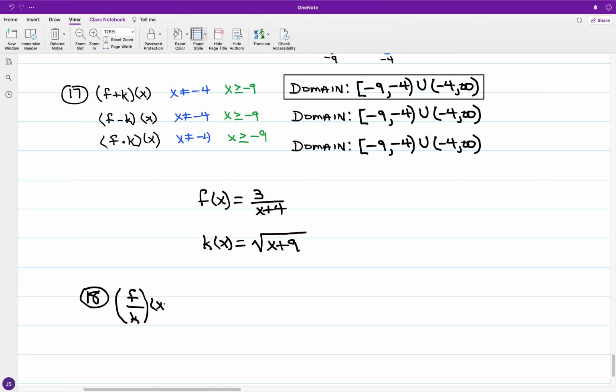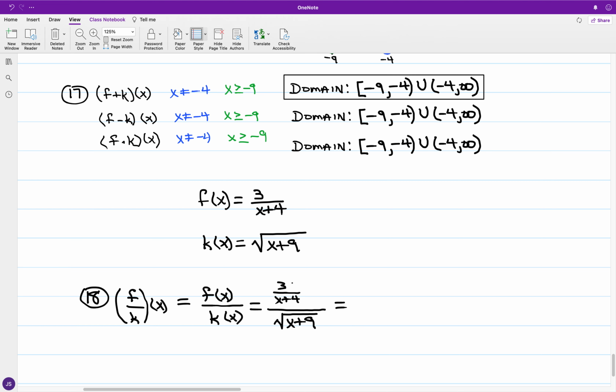And for f over k of x, I have f of x over k of x. For f of x, again I have 3 over x plus 4, and for k of x, I have just the square root of x plus 9.